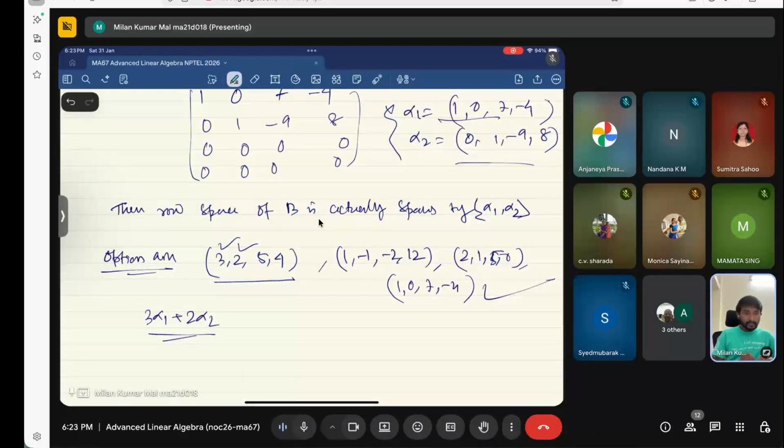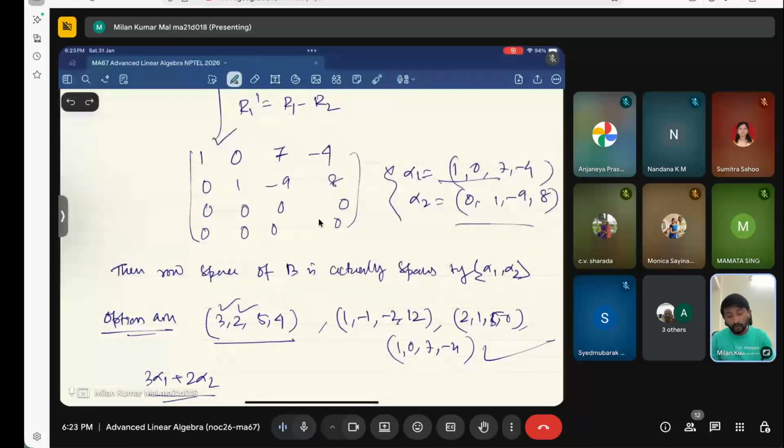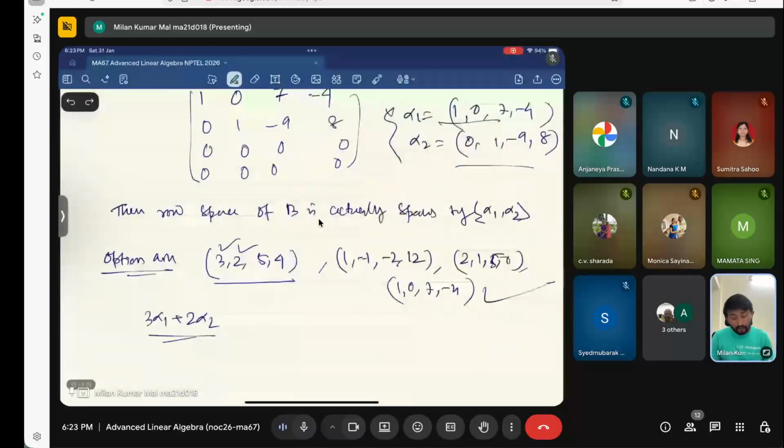That's the basic advantage of the row reduction process: when you make 1 here and all other entries in that column 0, and 1 here and all other entries in that column 0, things become like that. If you want 3, multiply the first row by 3, and if you want 2 in the second place, multiply the second row by 2.